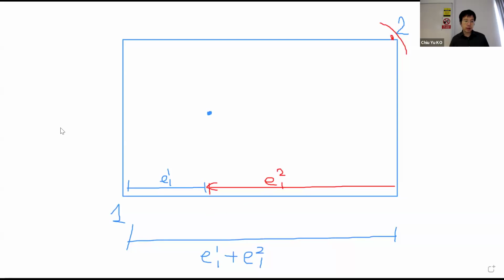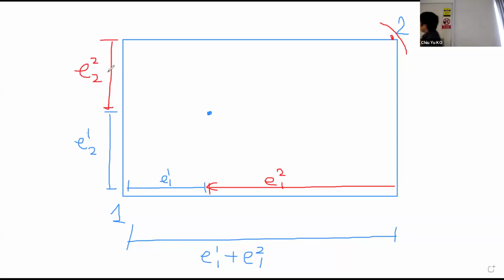And the height will be E12. This height will be E22, right?